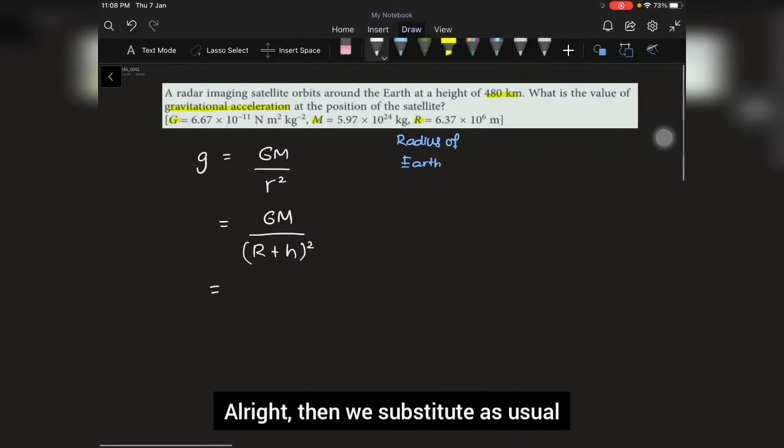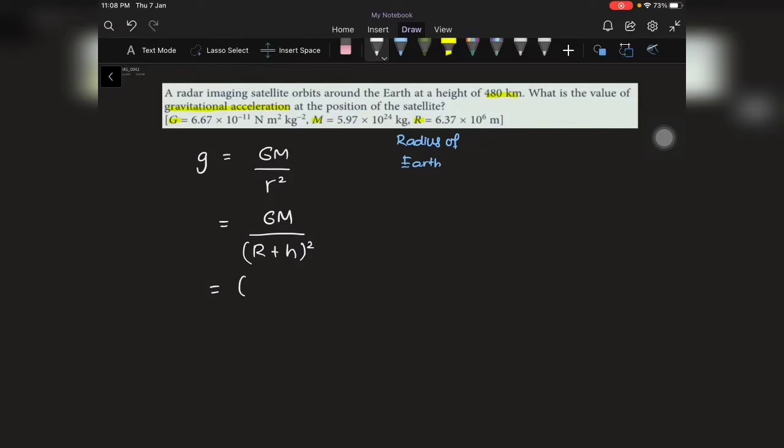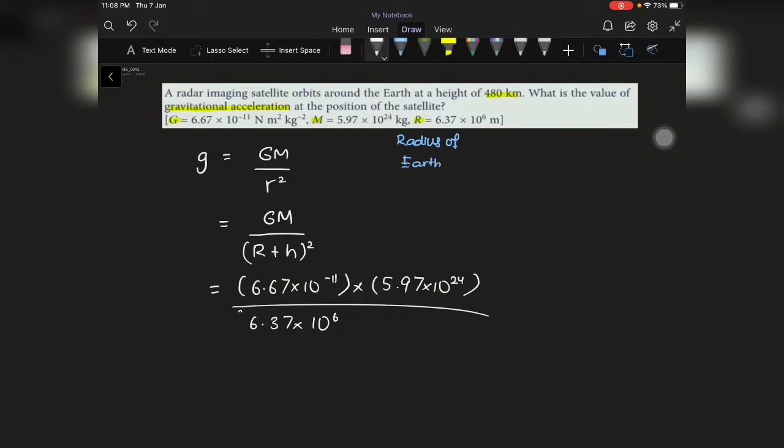Then we substitute as usual: 6.67 times 10 to the power of negative 11 times 5.97 times 10 to the power of 24 over R, which is 6.37 times 10 to the power of 6, plus the height.